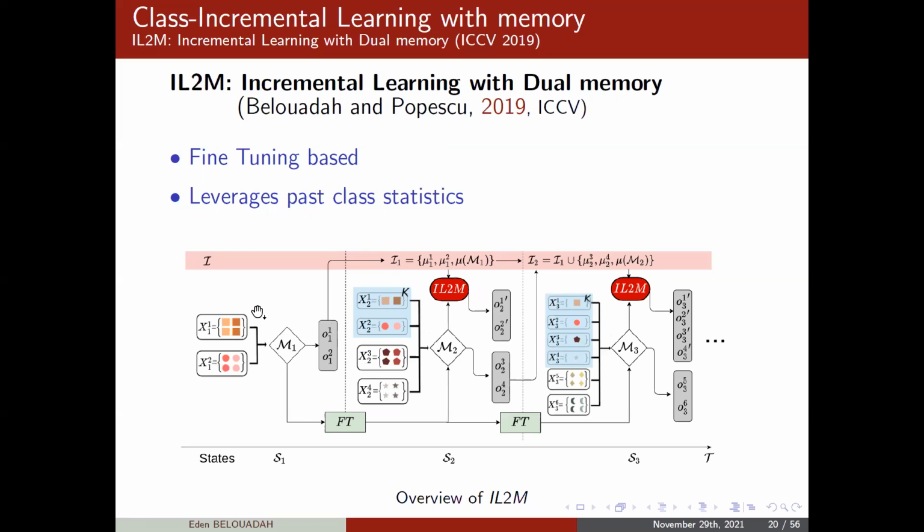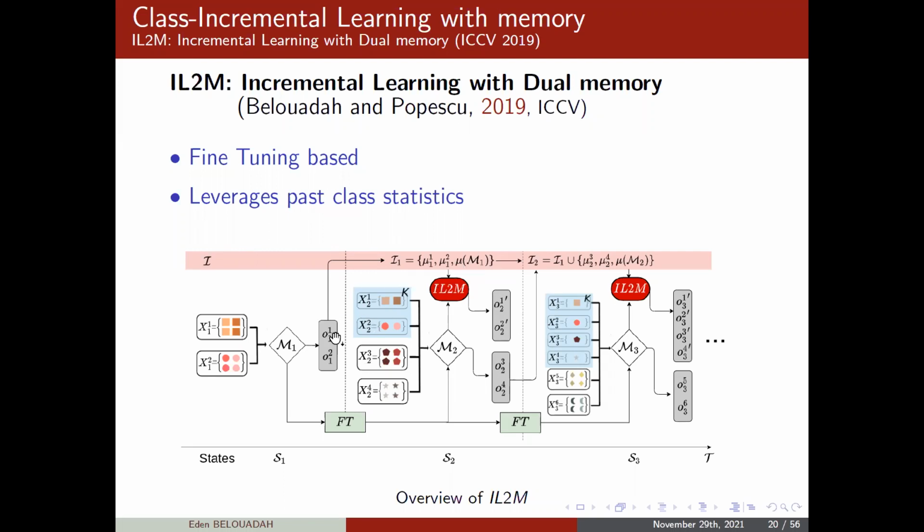So in IL2M, we perform in the first step vanilla fine-tuning, in which we save statistics about the classes when we learn them for the first time. And these statistics are saved in a secondary memory of negligible storage, and we use them later to rectify the scores of past classes in the subsequent states.